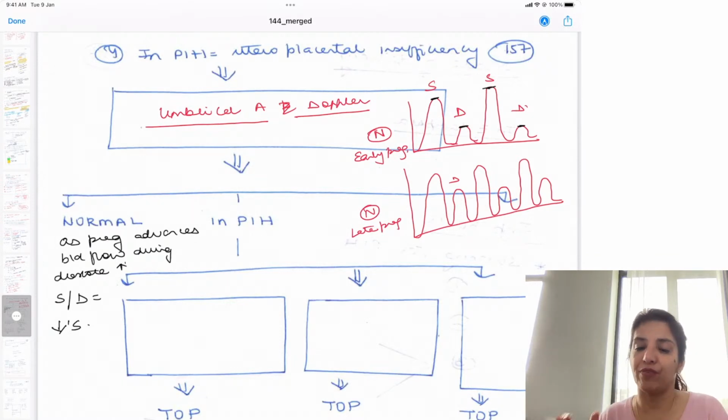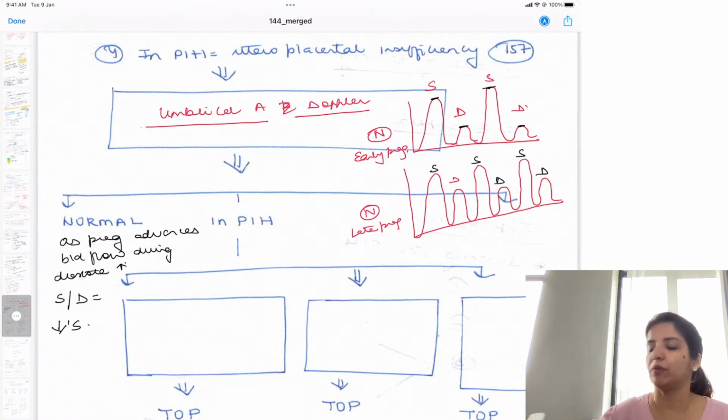Blood flow during diastole increases. During systole it will remain same, but during diastole the blood flow will increase. So if I ask you what happens to SD ratio normally, you are going to say normally the SD ratio decreases, right?